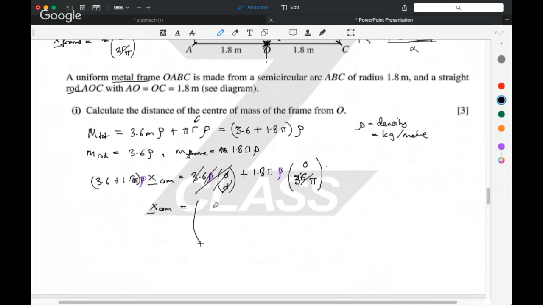The y coordinate, we just divide by that thing, right? So we get 1.8 pi times 3.6 over pi, over 3.6 plus 1.8 pi. And you can work that out.